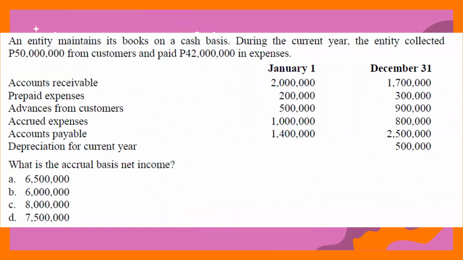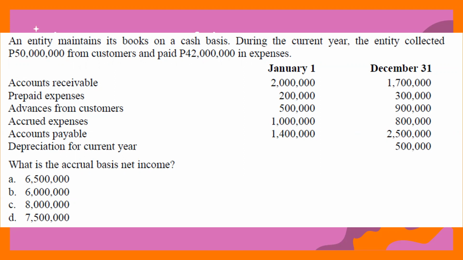Okay, so problem number 7. What is the accrual basis net income? So this is similar to the previous problem, where we look into the increase and decrease in different accounts. An entity maintains its book on a cash basis. During the current year, the entity collected 50 million pesos from customers and paid 42 million in expenses.